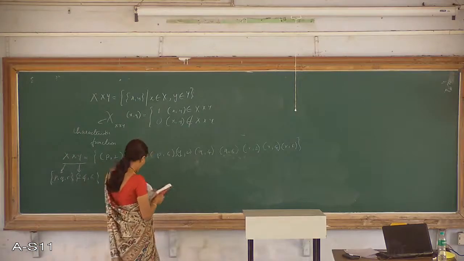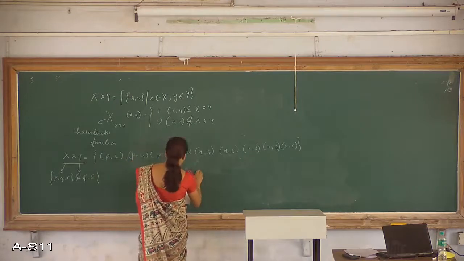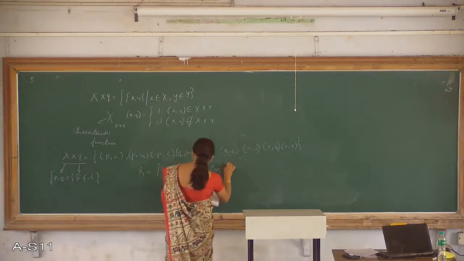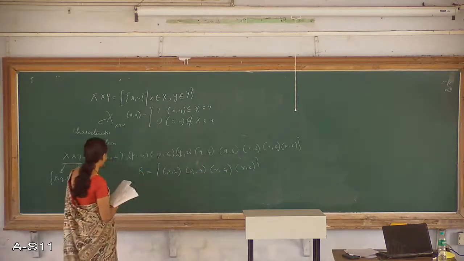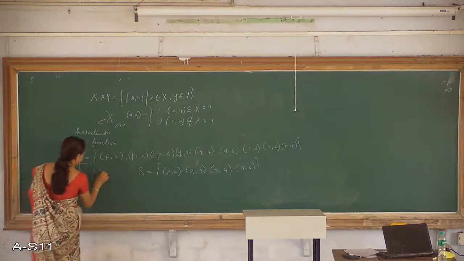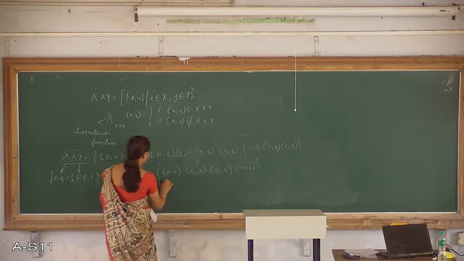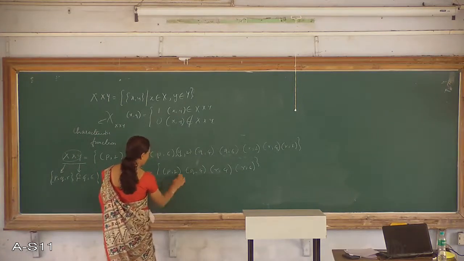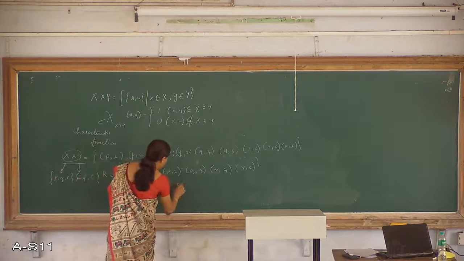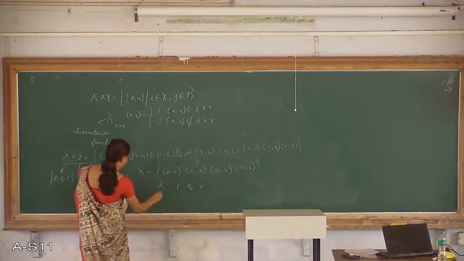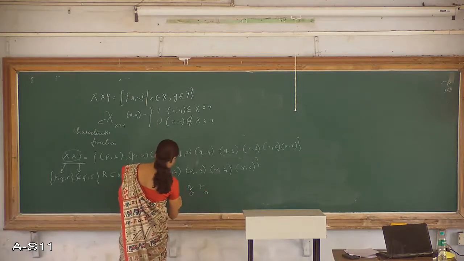Now, if R is a subset, containing (p, 2), (q, 4), (r, 4) and (r, 6), a subset of x cross y, then I can represent it in matrix format, with rows p, q, r and columns 2, 4, 6: 1, 0, 0, then 0, 1, 0, and then 0, 1, 1.